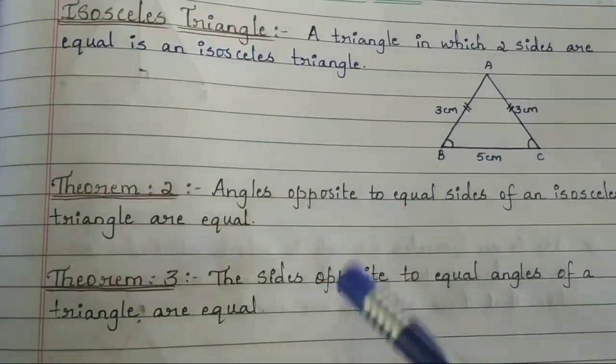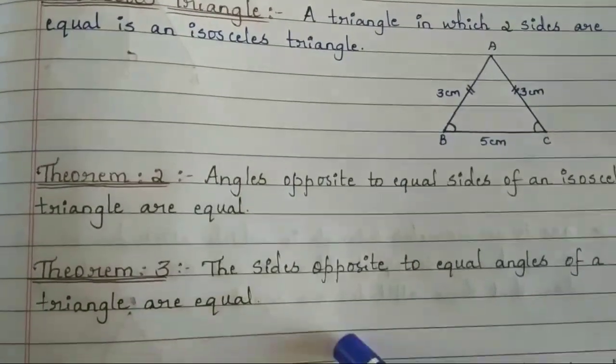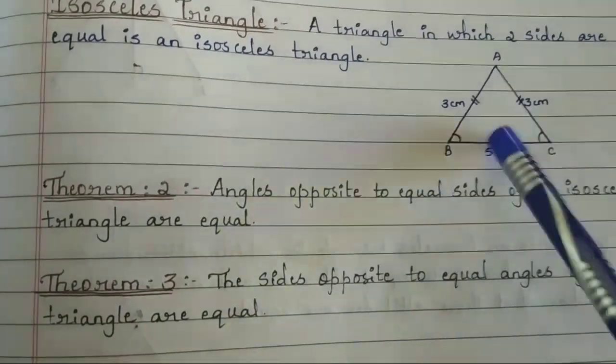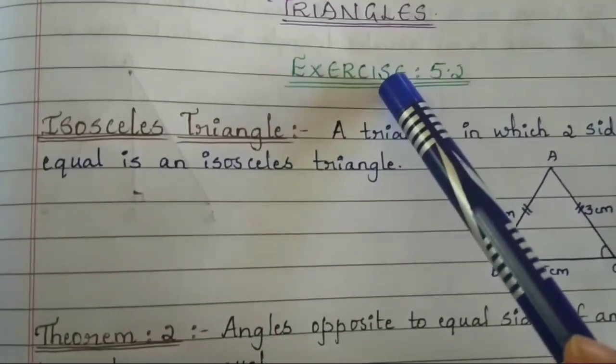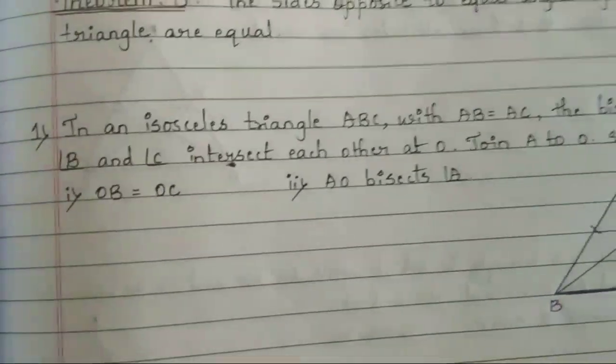These are the two theorems. Depending on these two theorems and your isosceles triangle, you have to solve this exercise 5.2. So let's start with our exercise 5.2.